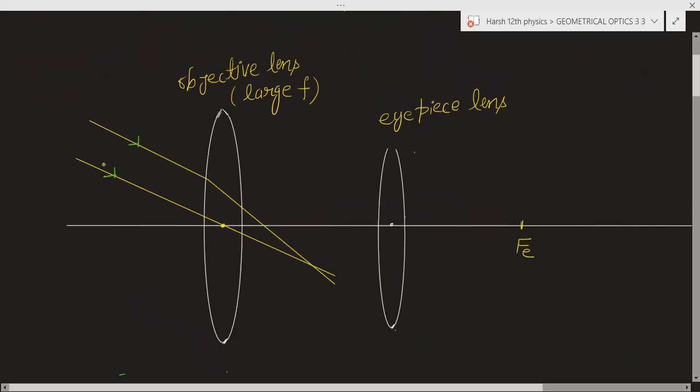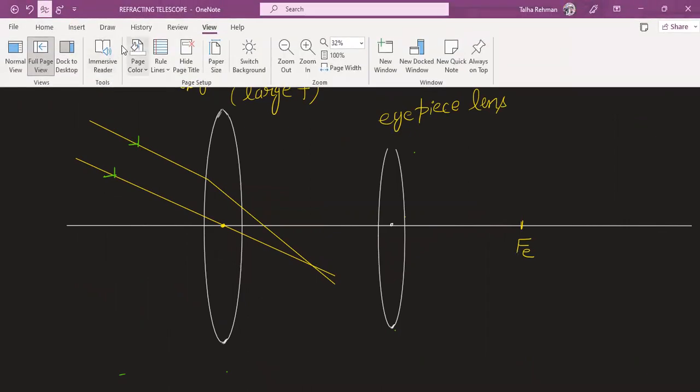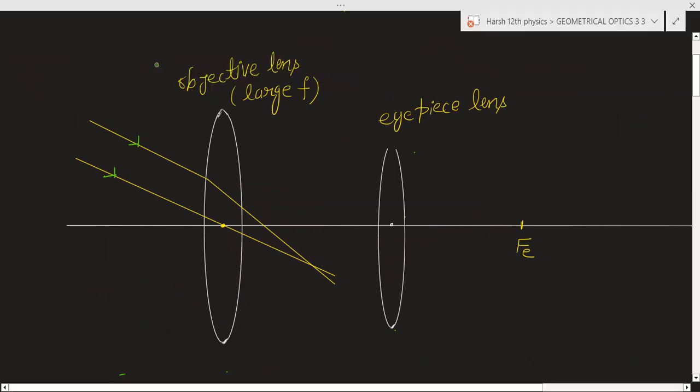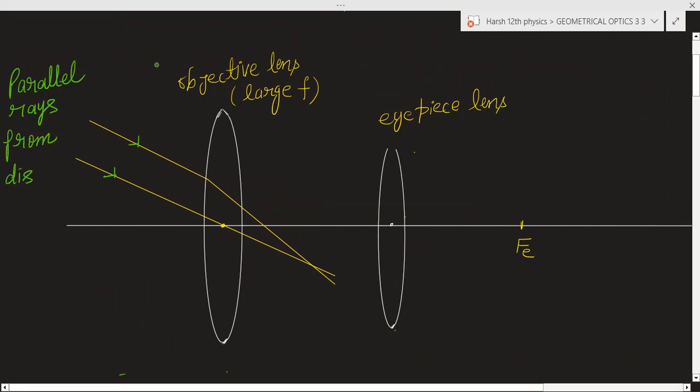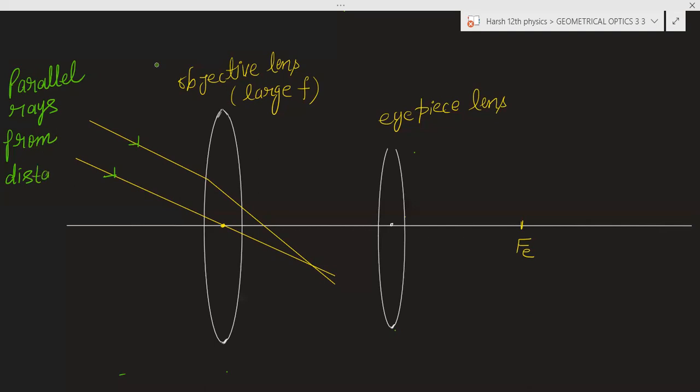So we can write here: parallel rays from a distant object. Distant means the object is at a very large distance.